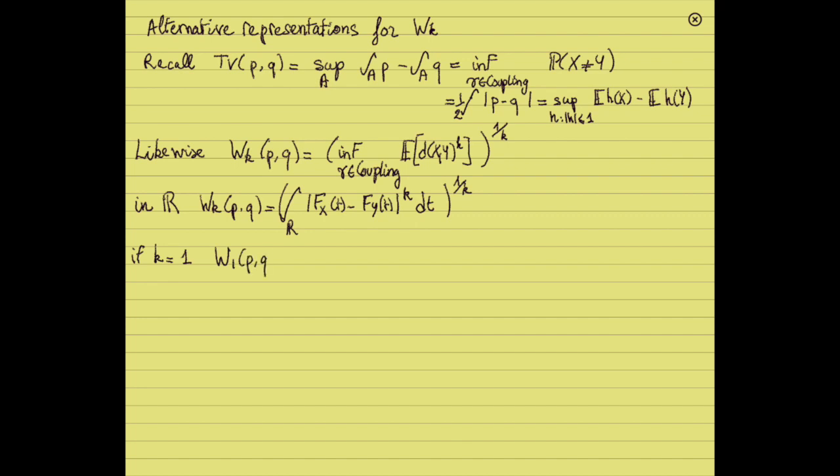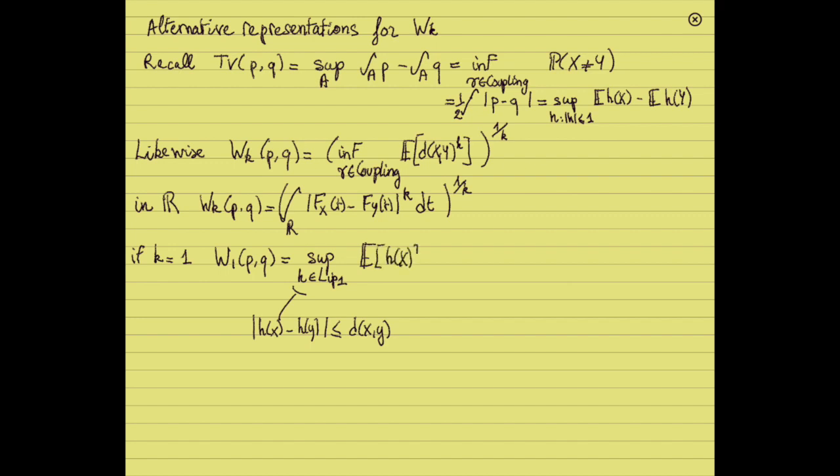In the general state space, but in the special case where k is equal to 1, we have also this representation of the Wasserstein 1 distance between P and Q as the supremum over a class of functions. So here h is Lipschitz with coefficient 1, which means explicitly that the absolute value of h of x minus h of y is less than the distance between x and y.